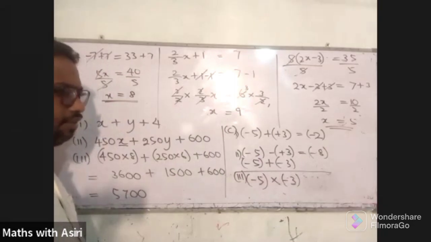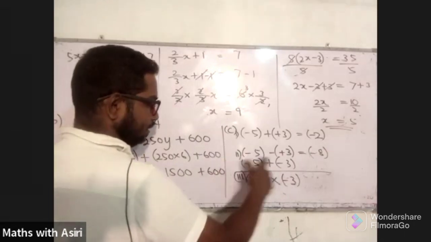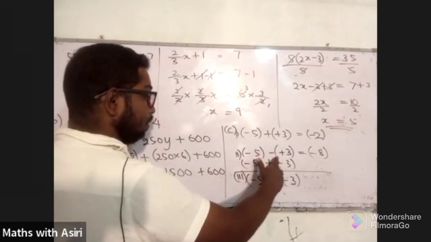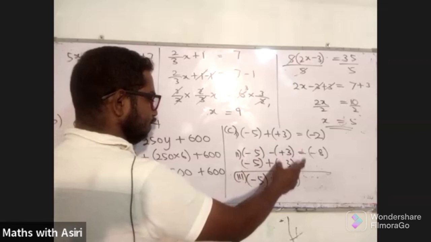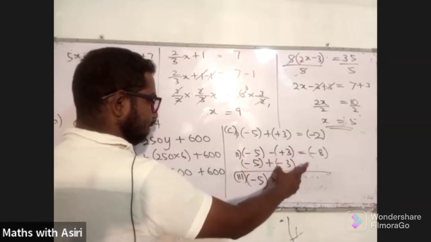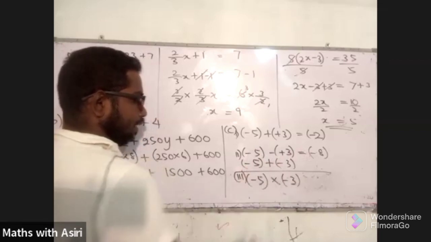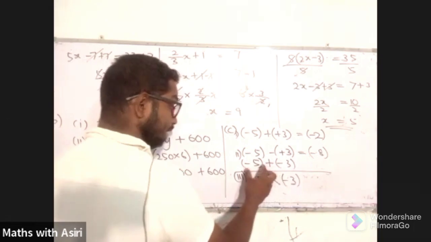Then third one. Now look at this answer again. Minus 5 minus plus 3 was the sum. We change this subtraction into addition and the additive inverse of the next one, plus 3 becomes minus 3. Now minus 5 plus minus 3. There are two digits in the same sign.